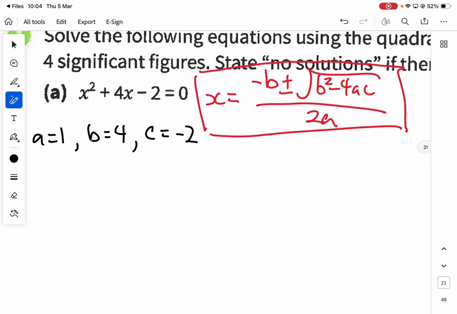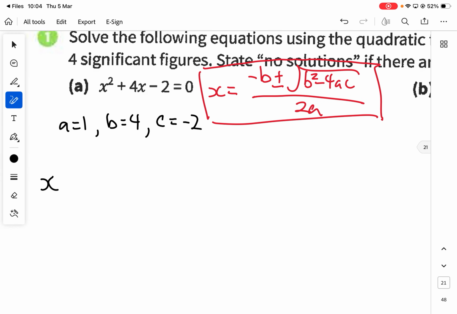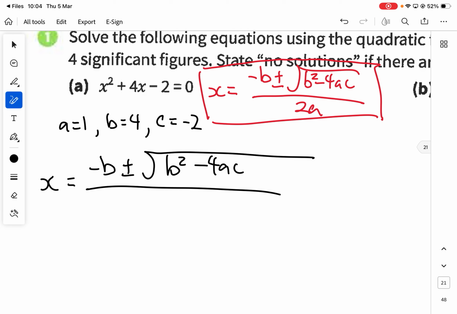So every quadratic equation that I face, I can use the quadratic formula. I can write down A is 1, B is 4, C is equal to negative 2. Then the solution of this equation, I will write down X equals negative B plus minus square root of B squared minus 4AC over 2A.